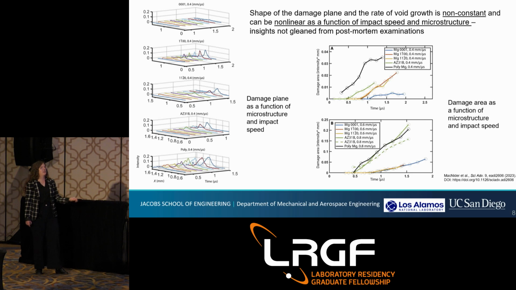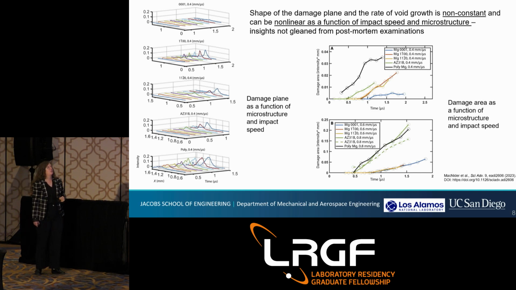And then in looking at these damage planes at each point in time, we can integrate under the curve to get an estimate of what the total damage in the sample looks like at that time quantitatively. And so these are plotted over on the right there for a bunch of the different tests that we did.